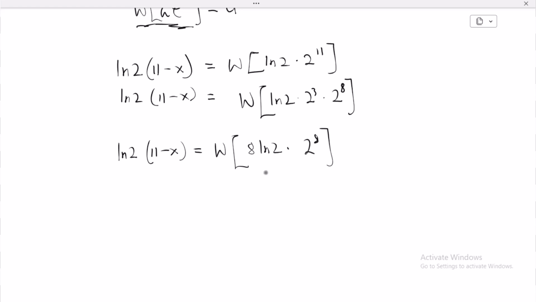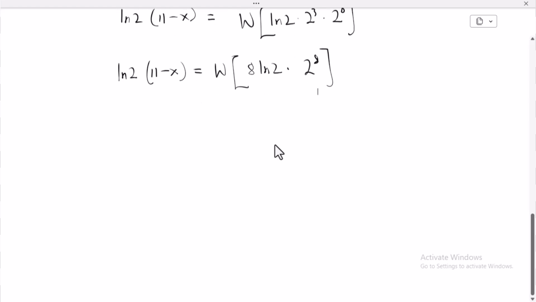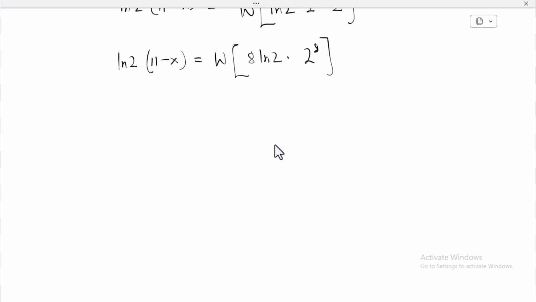And when we go a step further, we are going to have natural log of 2 multiplying 11 minus x to be equal to W Lambert's function of 8 natural log of 2 multiplying, now in place of the 2 over here, I can have e to the power natural log of 2. Now that entire expression raised to the power 8.